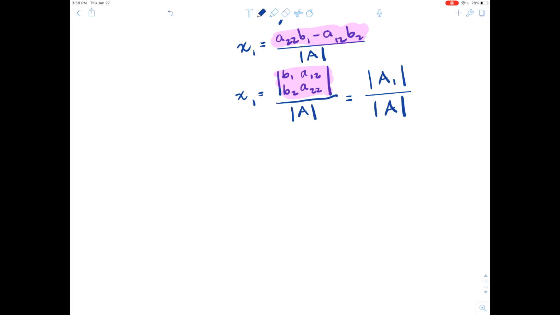So you can go directly to the solution using determinants as long as the determinant of the coefficient matrix is not 0.